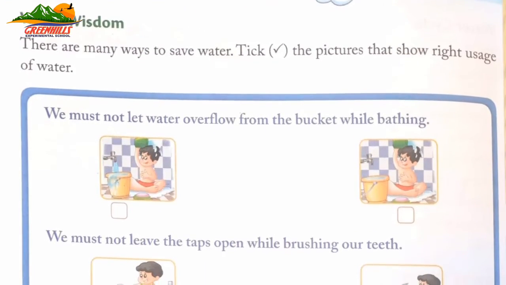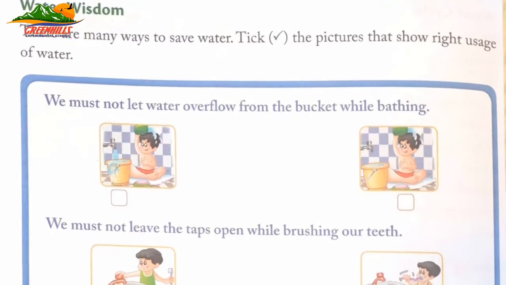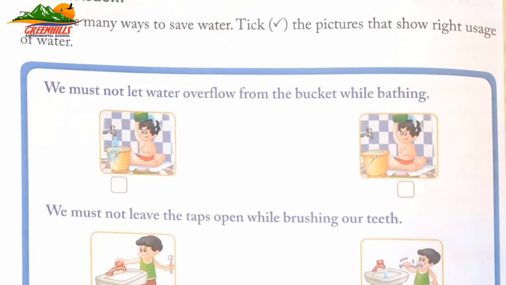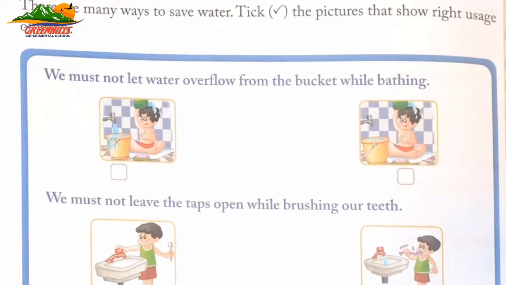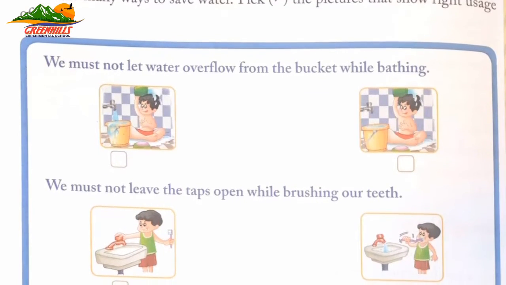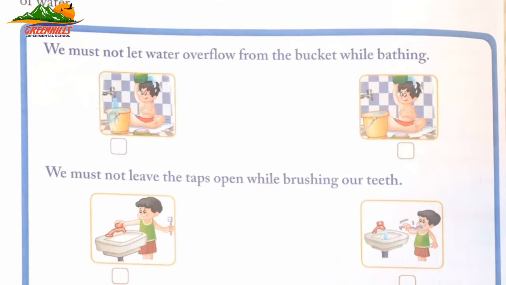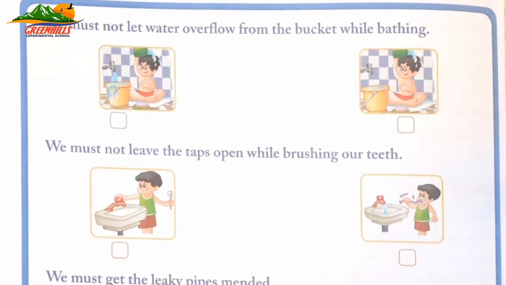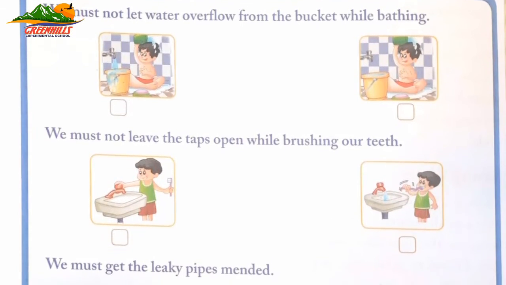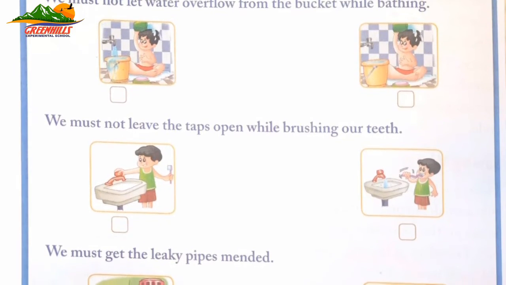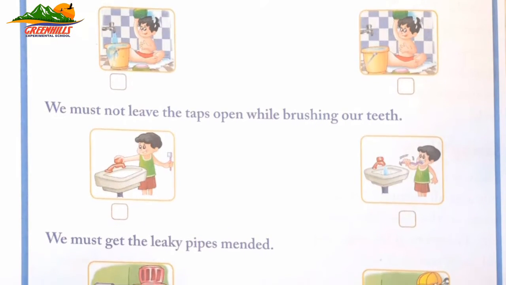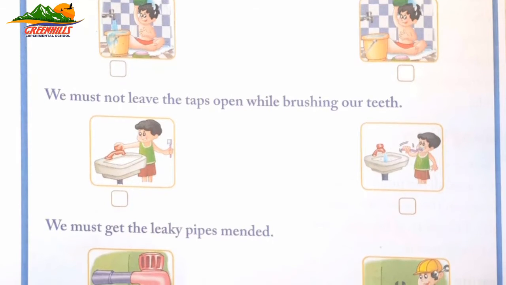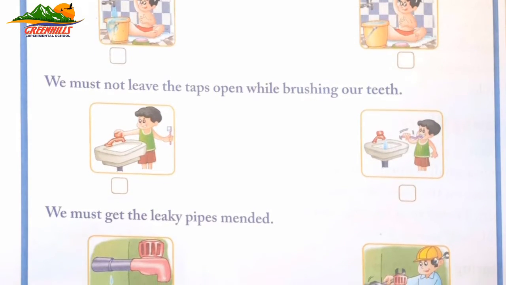Now, water wisdom. There are many ways to save water. Take the pictures that show right usage of water. First one is, we must not let water overflow from the bucket while bathing. Shown in picture number 2. The correct one is 2.